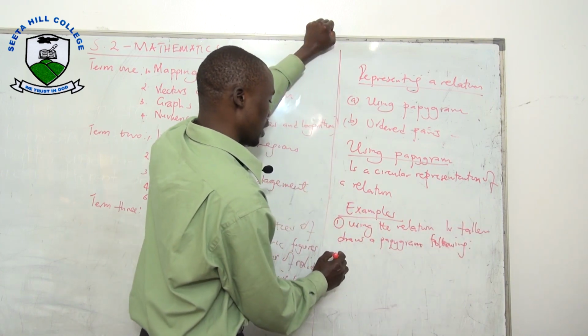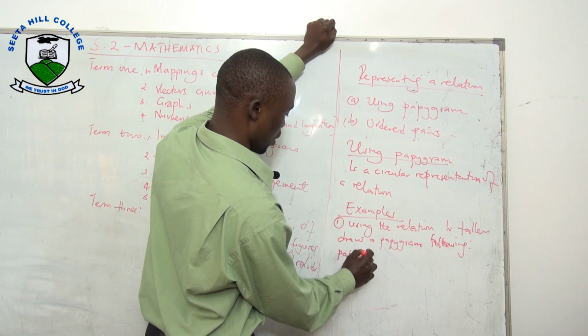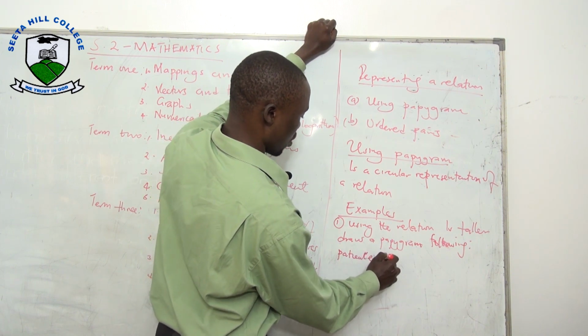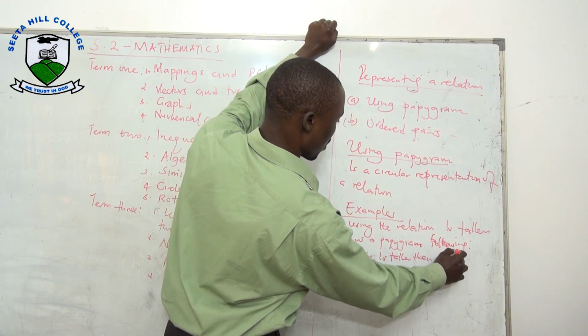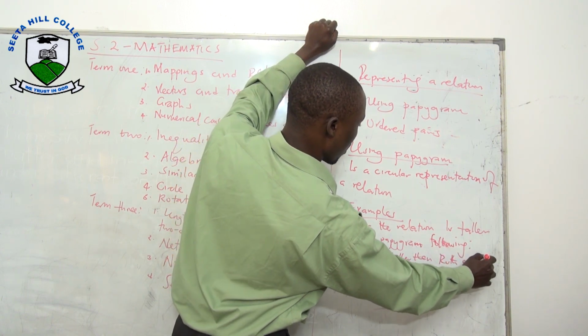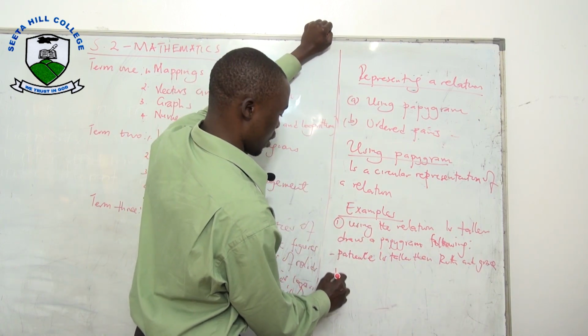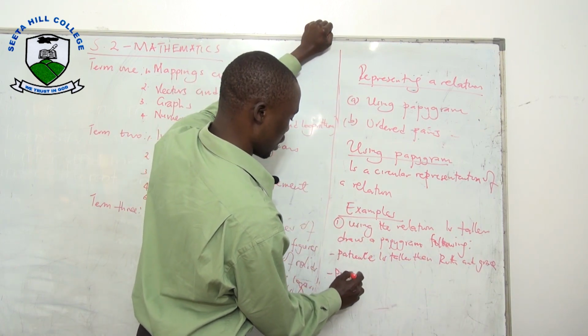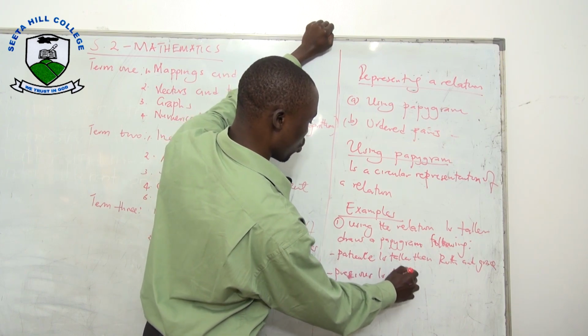Who is taller than the other? Patience is taller than Ruth, and Precious is taller than Grace. Precious is taller than who?